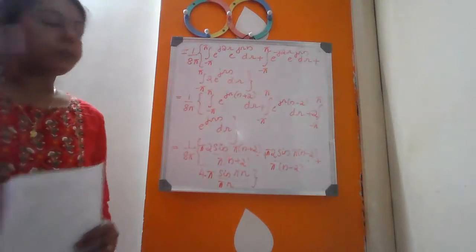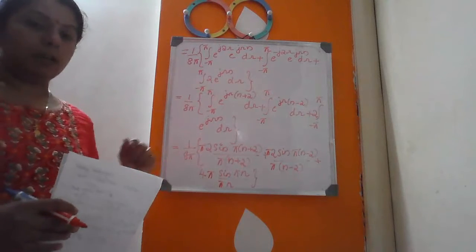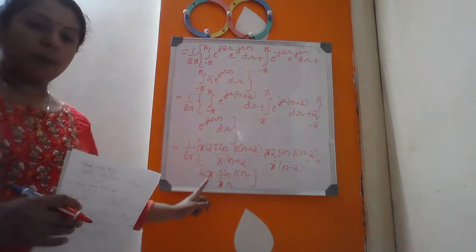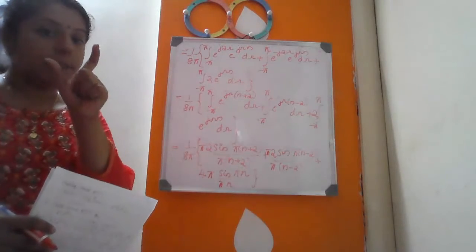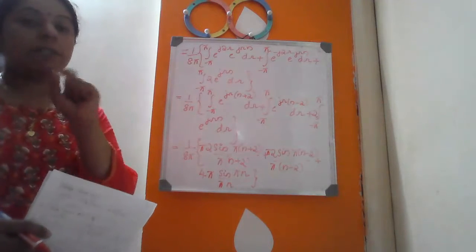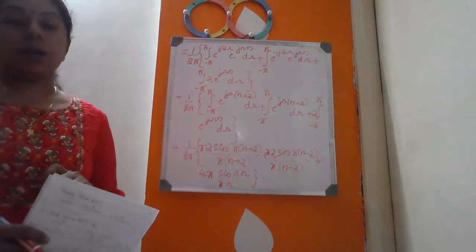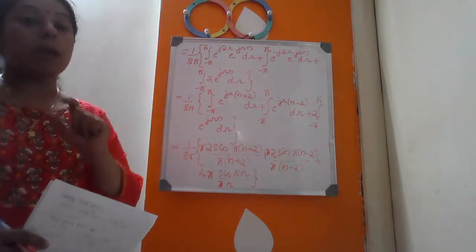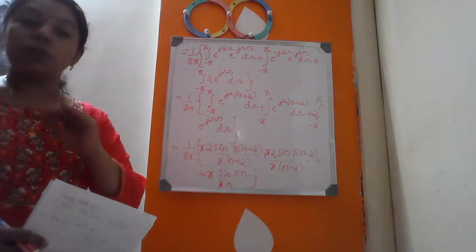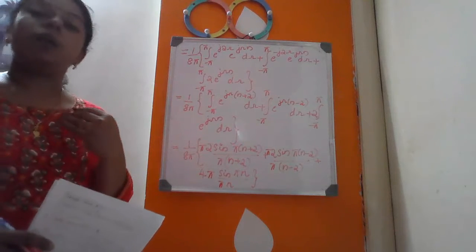Now take the third term alone, that is 4 pi sine pi n by pi n. Only take sine pi n by pi n. If I substitute n equal to 0, I get sine 0 by 0, that is 0 by 0. You know that if you have a term of 0 by 0, we have to solve it using L'Hospital's rule.